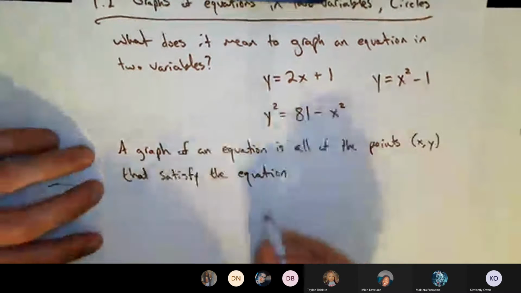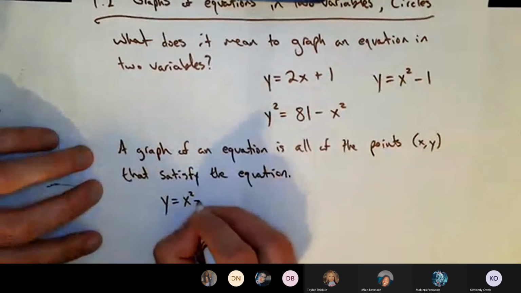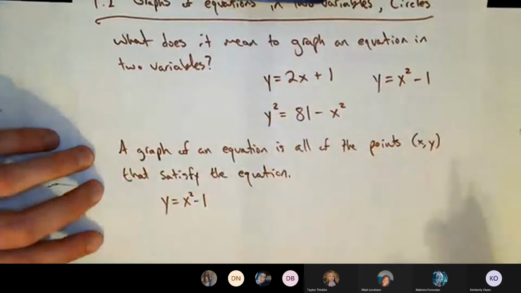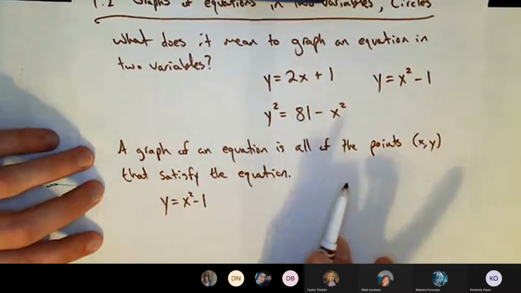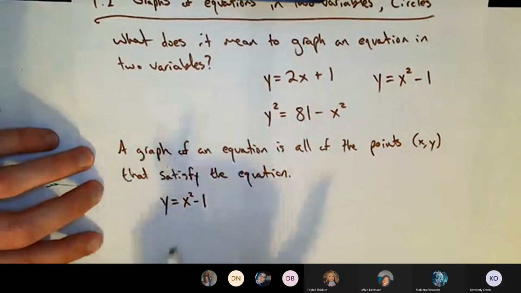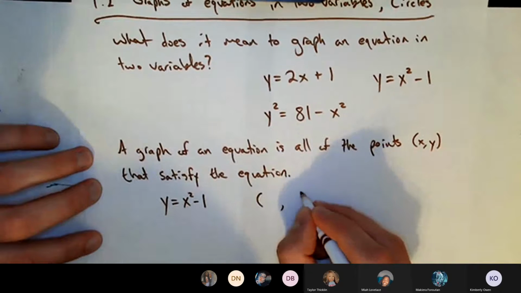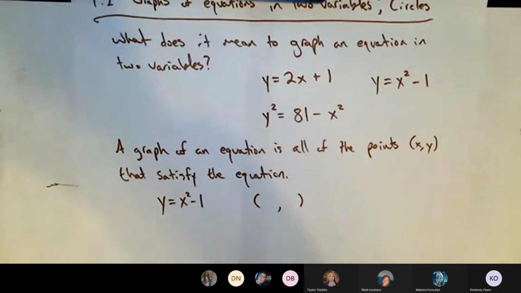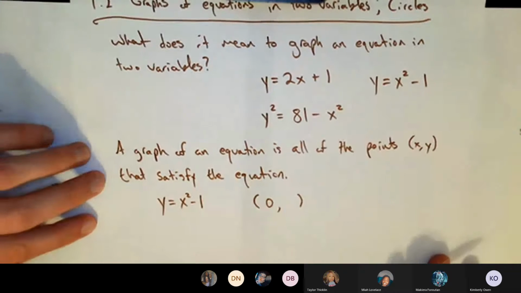So for example, let's take y equals x squared minus 1. Here are some points. If I wanted to graph this, I need all of the points that satisfy the equation. If I need to start listing points that satisfy the equation, I can just start picking x values. So let's say 0.